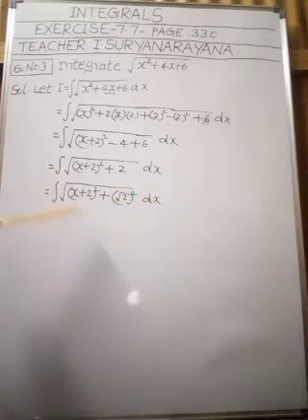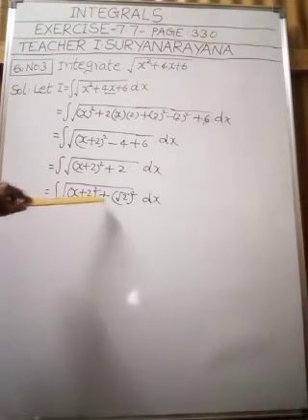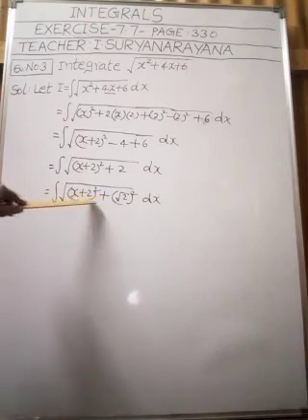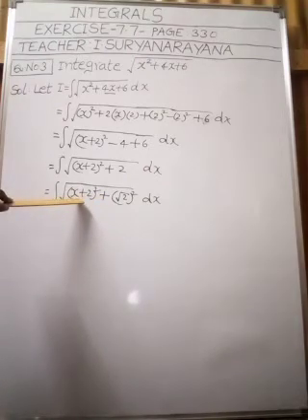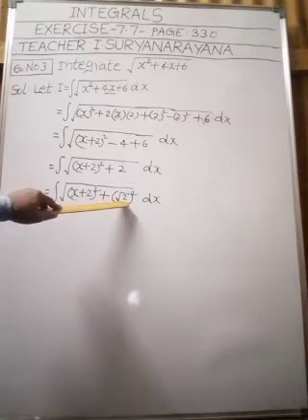Now, the given function is converted into the form of integral root of x square plus a square. In your mind, assume that this entire binomial is x. A means root 2.